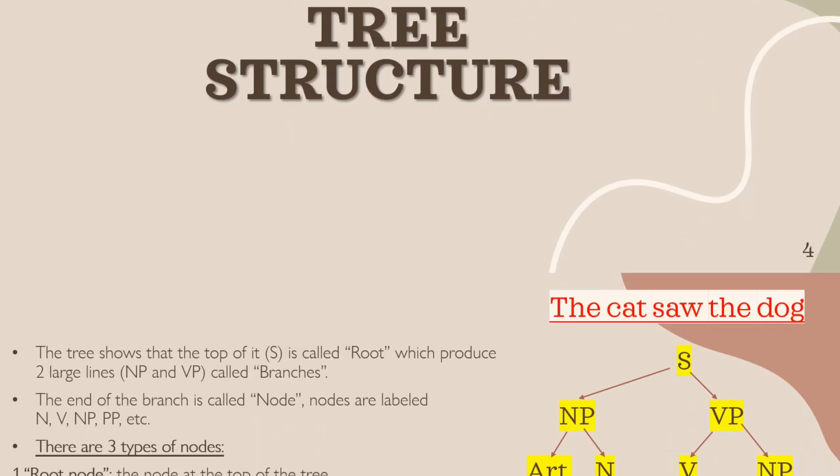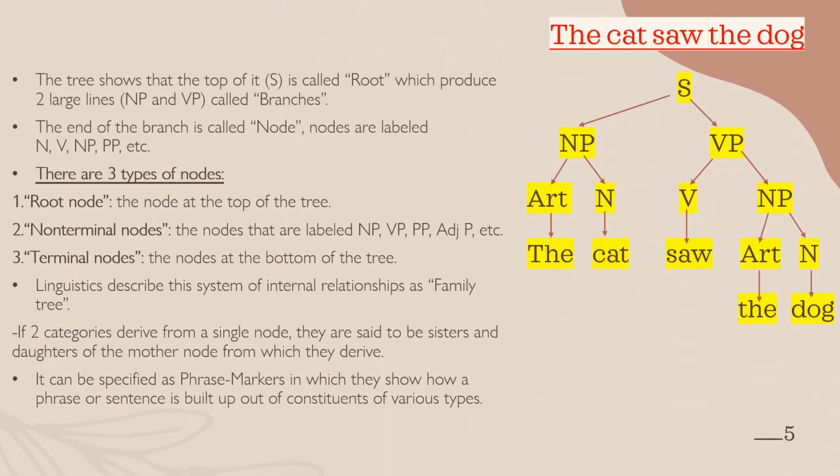Then we're going to discuss the tree structure. In this sentence, "the cat saw the dog," it's a simple sentence because it contains only one verb, which is saw. When we apply the tree diagramming method on this sentence, it will be S because it's one sentence, and this sentence consists of a noun phrase and a verb phrase.